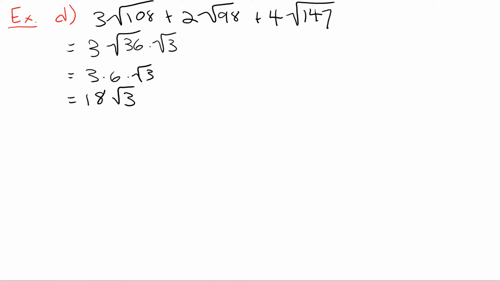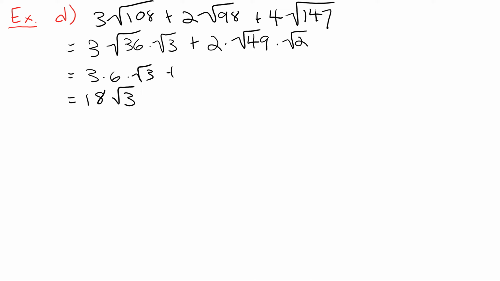So for 2 root 98, I want to think about the factors of 98 and whether any are perfect squares. I remember that if I divide 98 by 2, I get 49 times 2, and that 49 is 7 squared, so 49 is a perfect square. So I'm going to write 2 root 98 as 2 times root 49 times root 2.